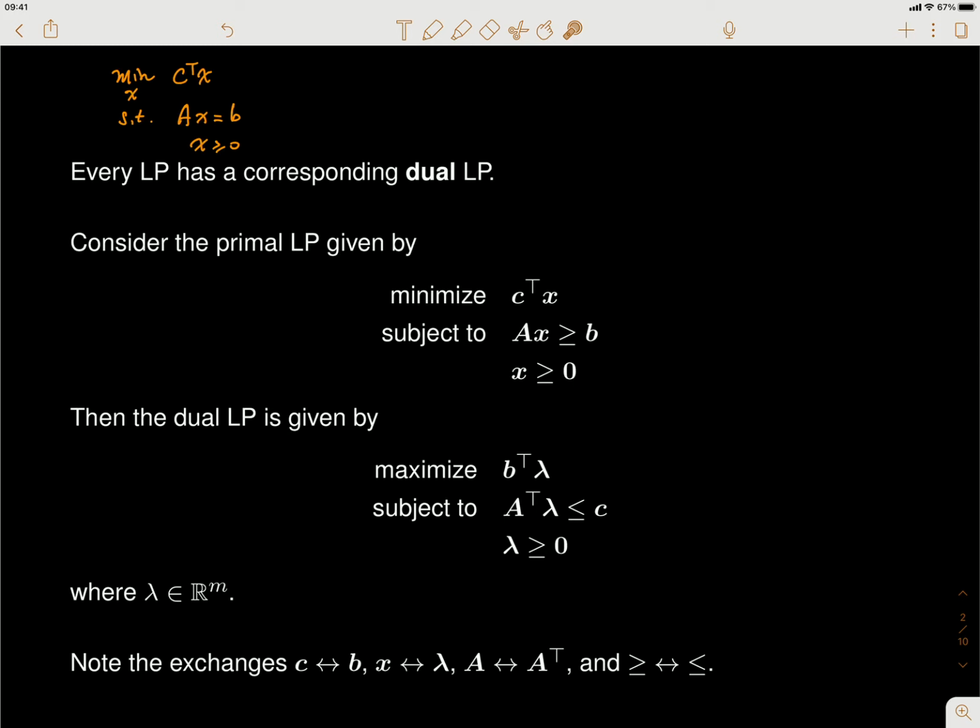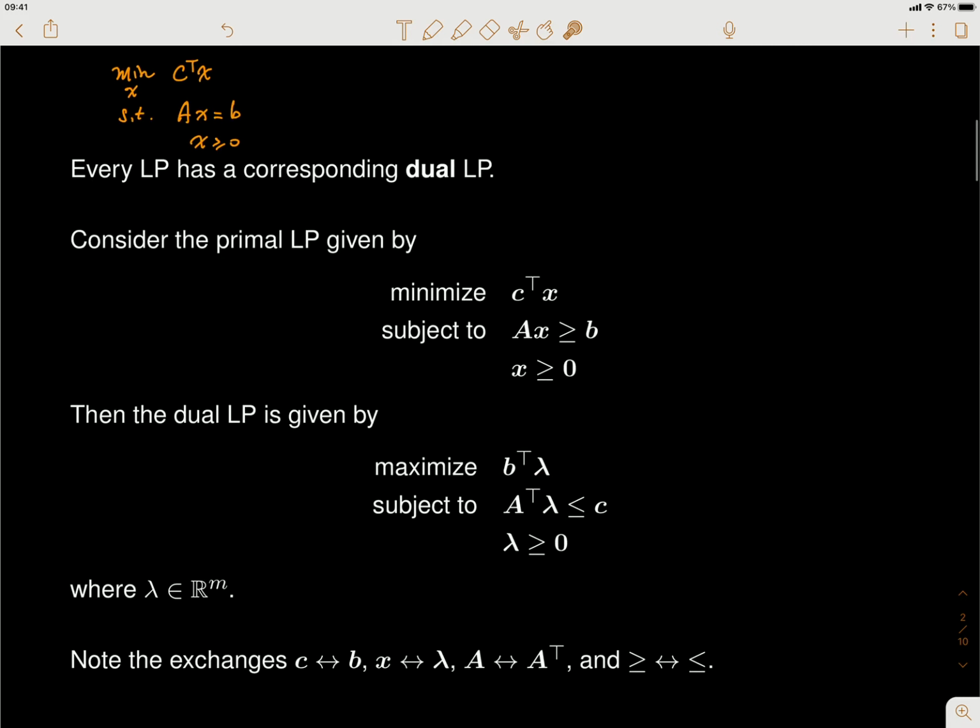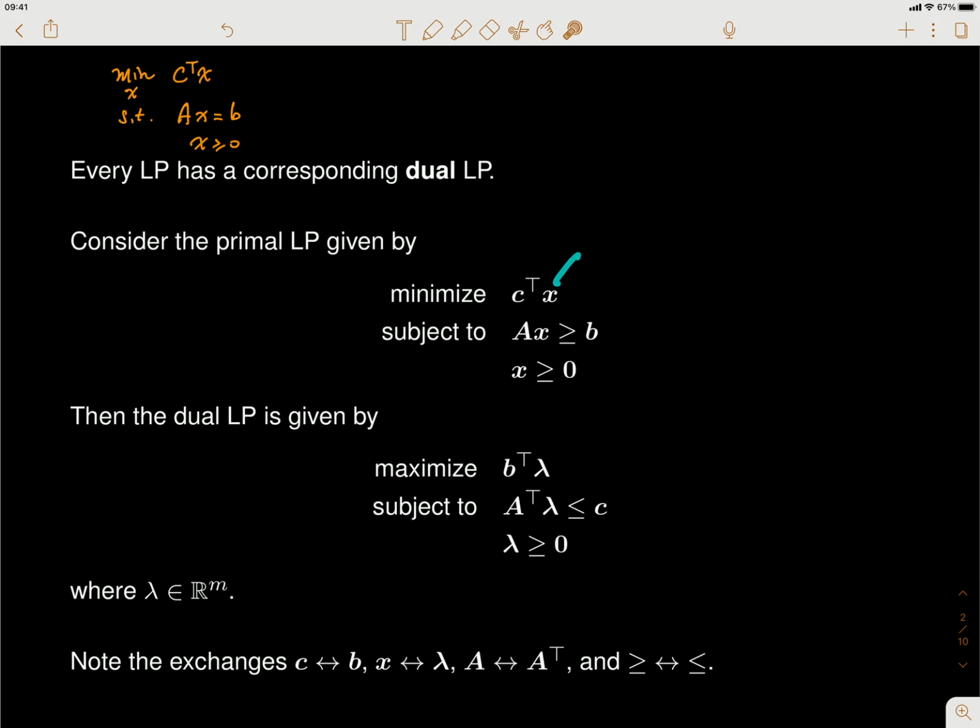Originally x is an n-dimensional vector, so x is in Rn, and here lambda is in Rm, where m is the number of rows in the matrix A. It is still a linear program in the sense that the objective function is b times lambda, where this b is exactly the b here. Also, the minimization problem is changed to a maximization problem. So instead of minimizing this, we're trying to maximize this.